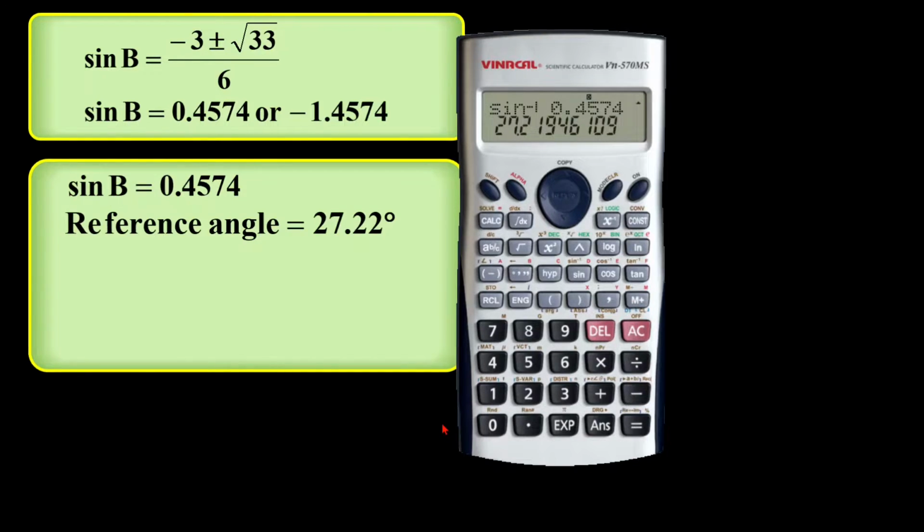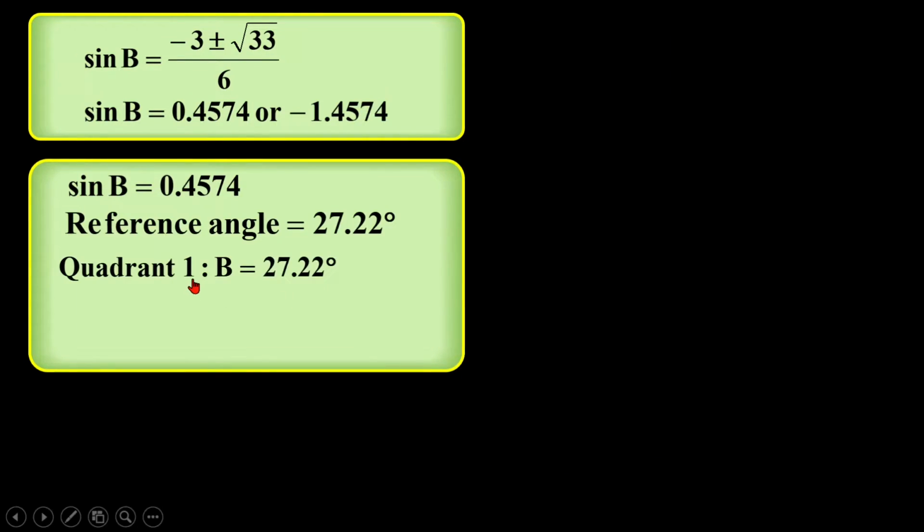Okay, I believe just now the question asked for degrees, so this answer is in the form of degrees. So 27.22 degrees. I will just take it from the calculator. Okay, so calculator done. And then I need to check the quadrant again. So let's go on to the quadrant. Where's my pen?